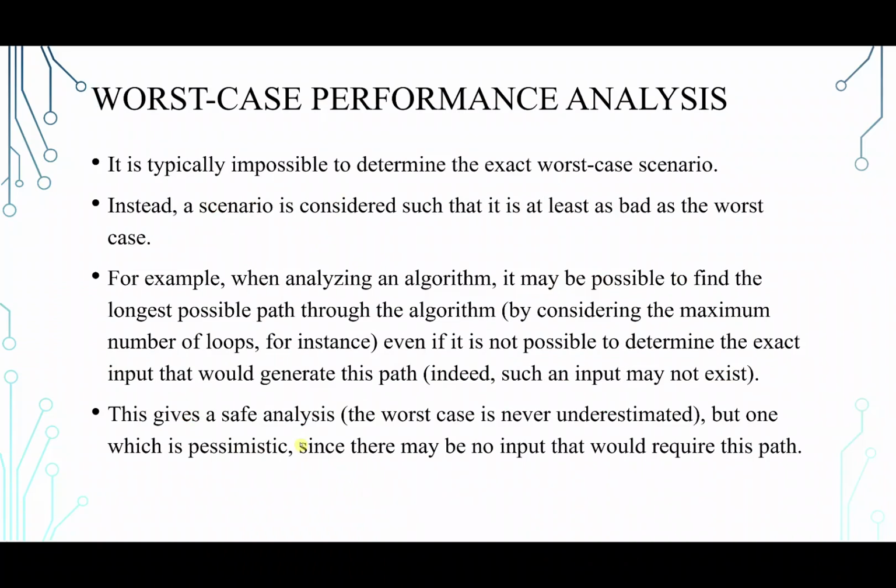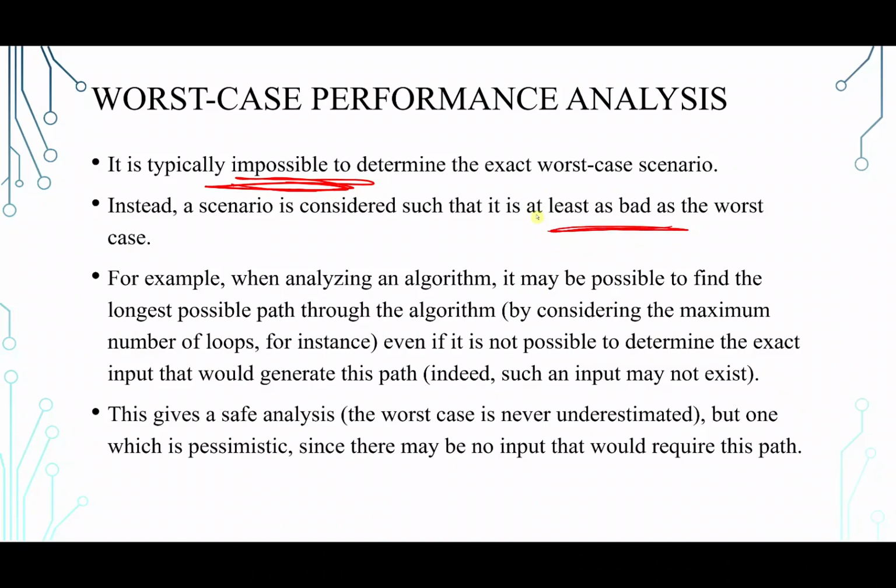It's typically impossible to determine the exact worst case scenario, so I'm not going to ask you to find the exact worst case scenario. This is why we use the big O notation, because we want to find if it's not the worst case, then as bad as the worst case. I'm going to give you an example.